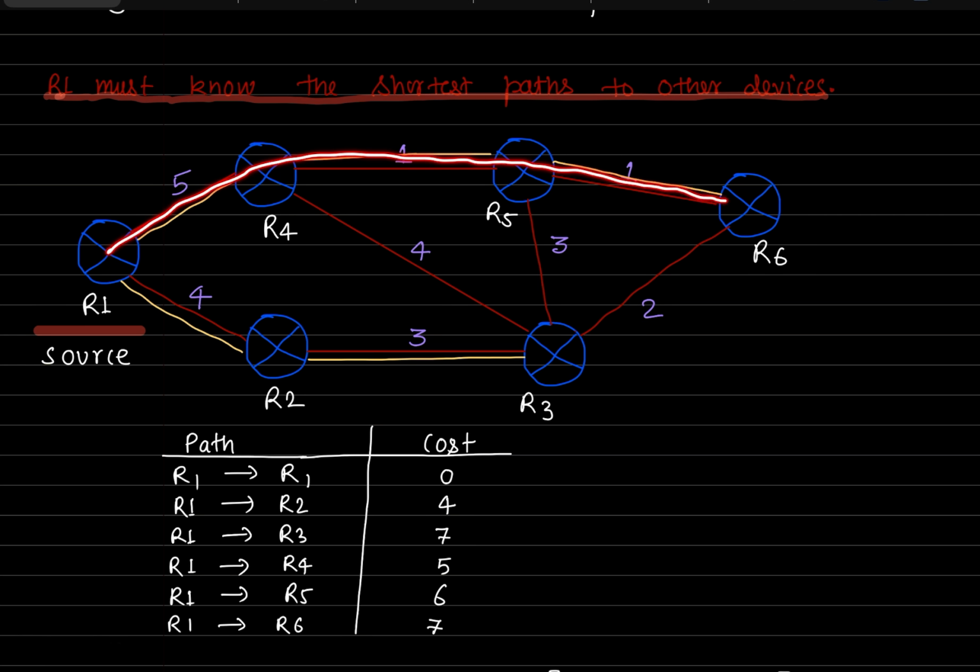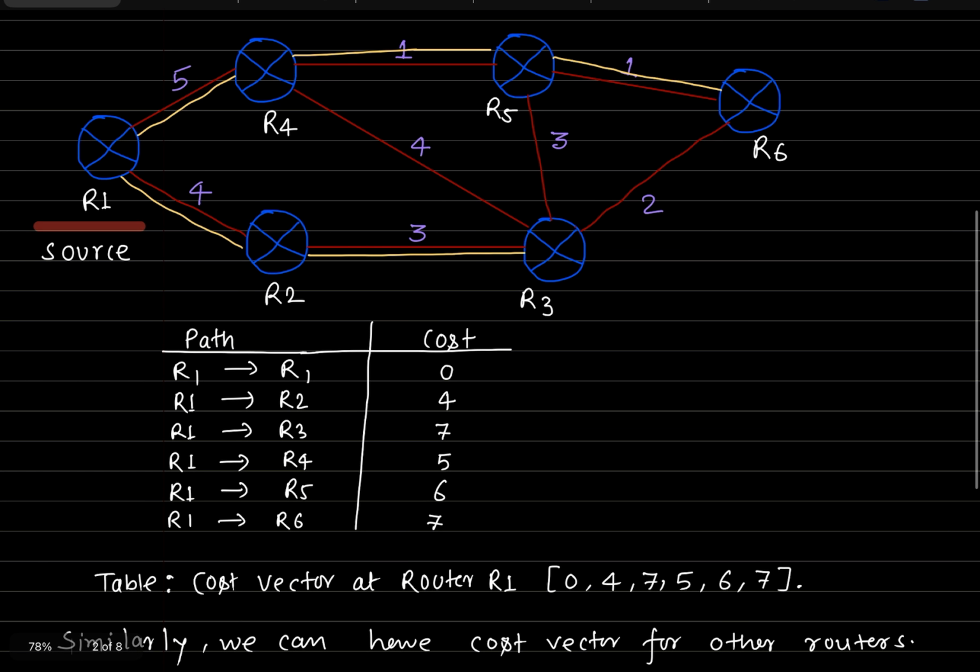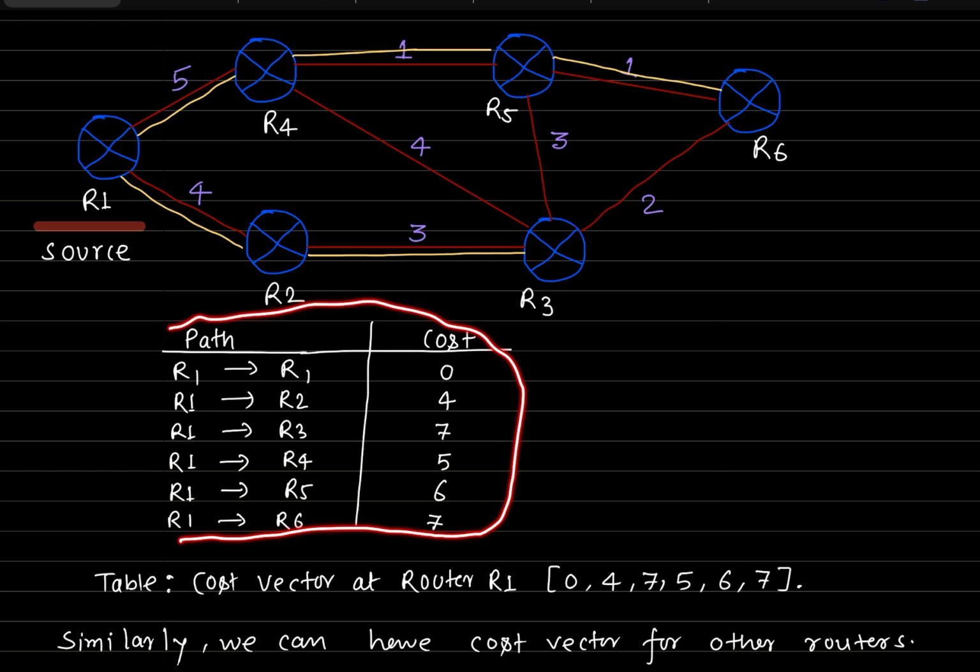The yellow lines represent the least cost tree for router R1, right? If we write the forwarding table corresponding to our routers, we can write it like this. In this table there are two columns. The first one is the path from R1 to all other routers, and the second column is the corresponding cost.